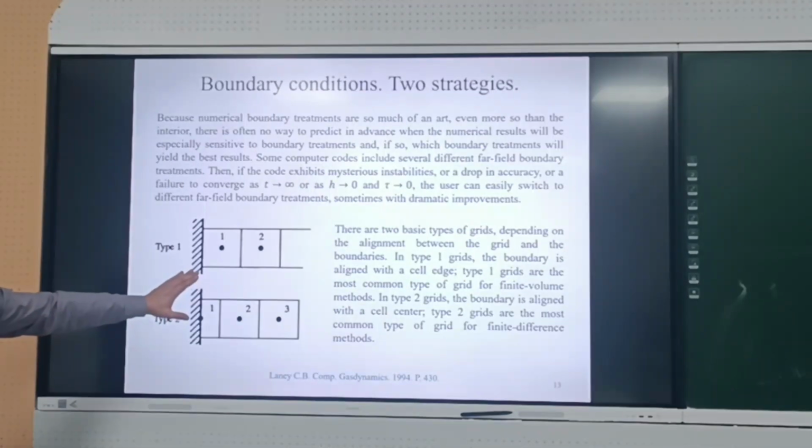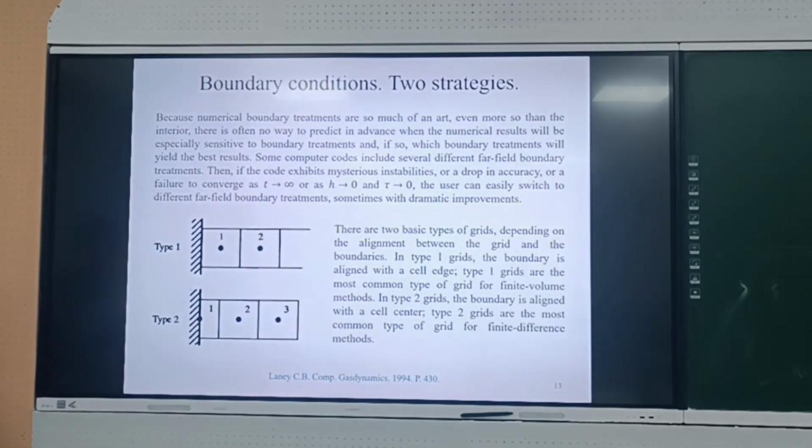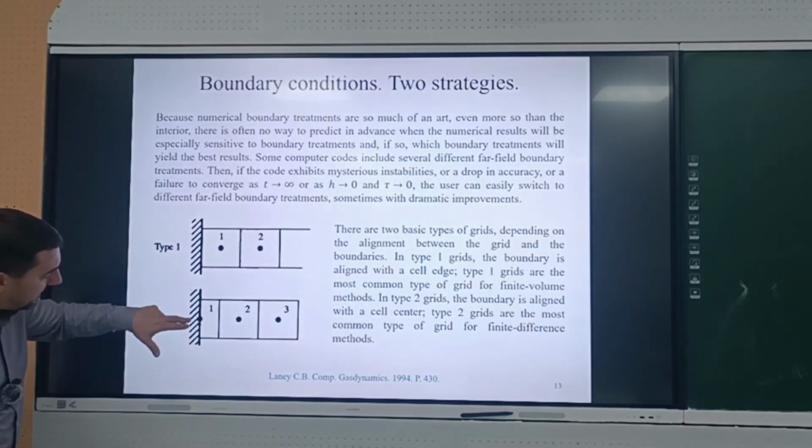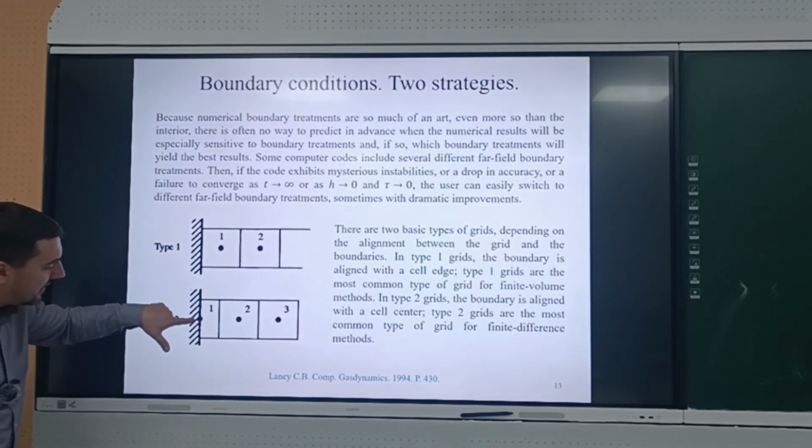Another option is the type 2 grids. The boundary is aligned with the cell center. Type 2 grids are the most common type of grid for finite difference methods. Another approach is to say we should have some boundary condition, so we should know exactly the parameters at the boundary.